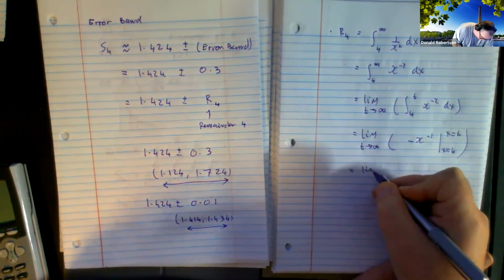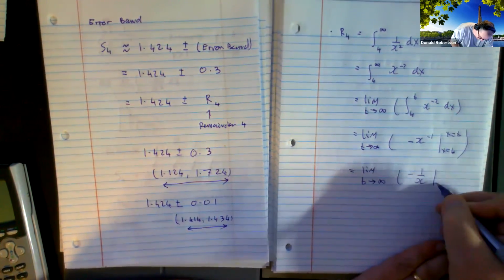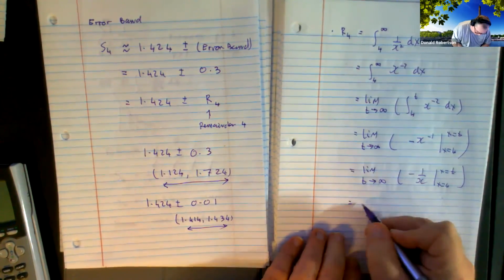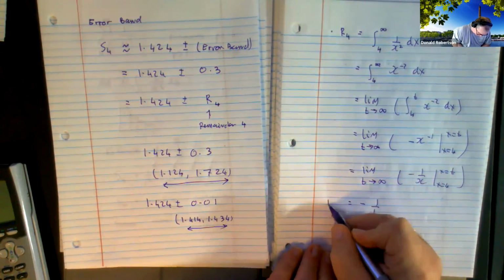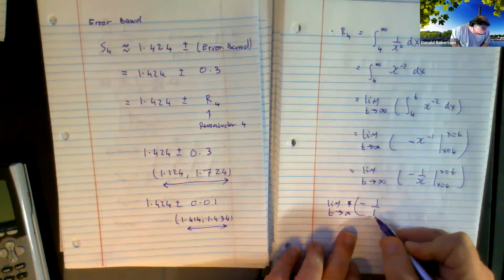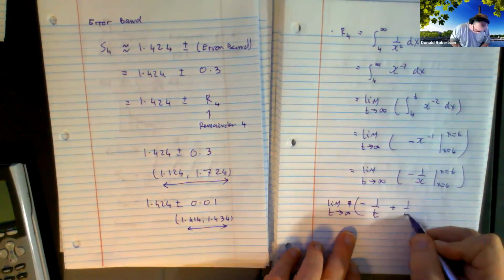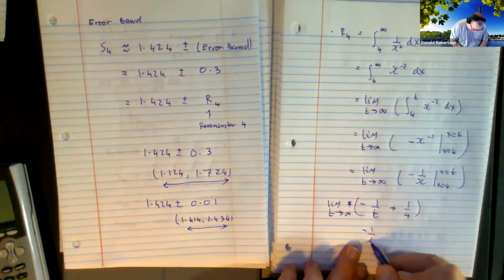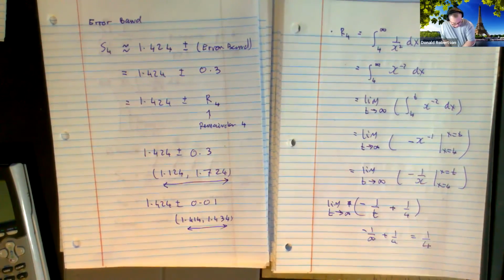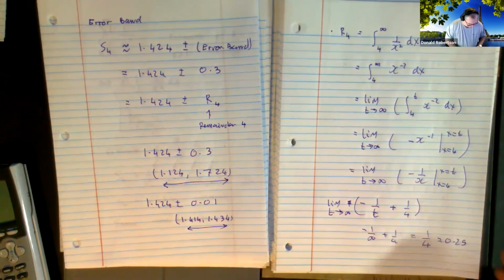I would rewrite that before I do anything in relation to the brute force method into this. And that would be -1 over, oops, forgot my limit. It'd be the limit as t tends to infinity of -1 over t take away -1/4, so that's plus 1/4. Now, when you do brute force, you get the answer 1/4, which I would call 0.25.